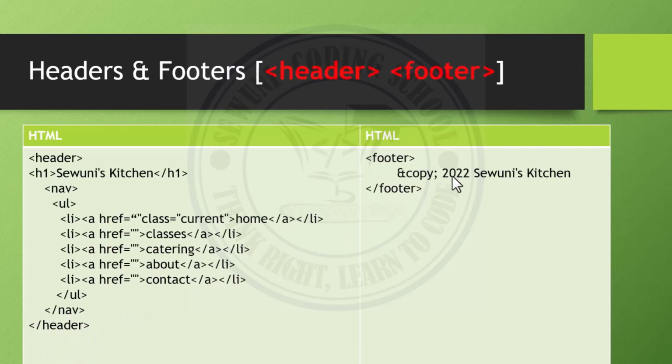Now look at the footer. The footer contains copyright information and additional information about the page. So this simply tells you that this page is copyrighted in 2022 to, let's say, SEWUNI kitchen. So that's the work of the footer, and this is the work of the header.